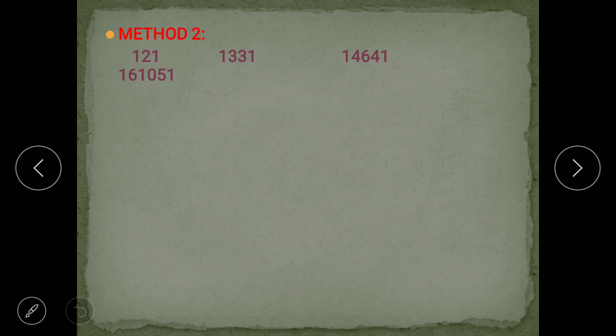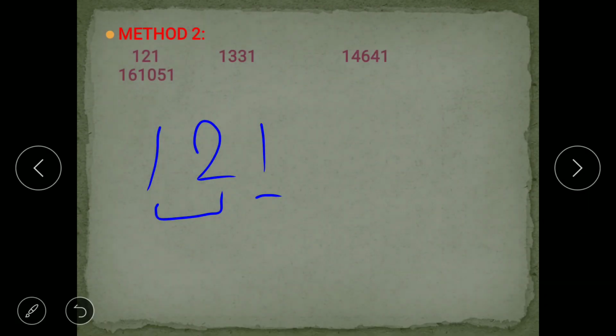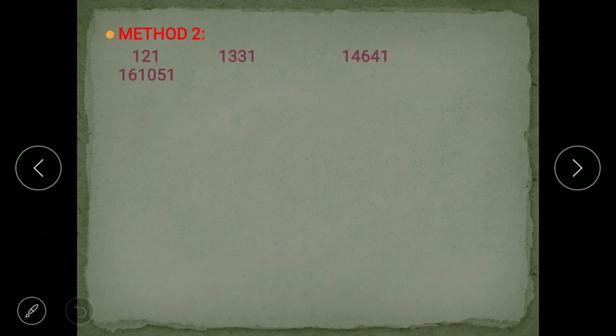Let's take the same examples. 121. First take 2 digits from the left hand side each. So 12 and 1 are left. Subtract 2 from 1.